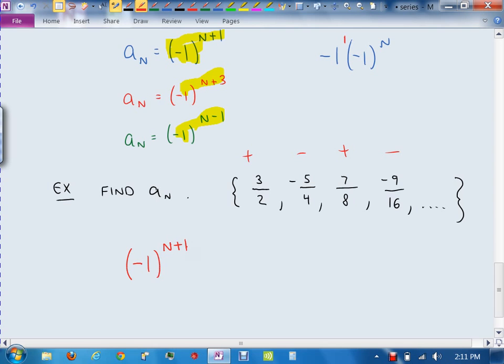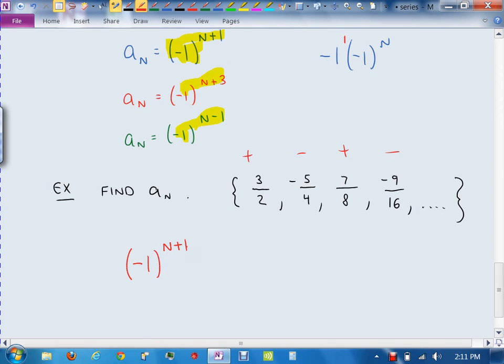The next thing I notice is that if I forget the signs now, because I've already taken care of that, all my numerators are odd numbers, aren't they? Odd numbers are connected to even numbers. Aren't even numbers all like 2 times 1, 2 times 2, 2 times 3, 2 times 4? Odds are just the evens plus 1, right? So if I start with 2, 3 is 1 more than that. 5 is 1 more than 4.